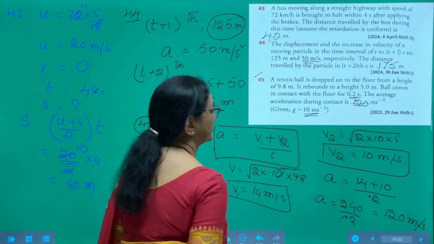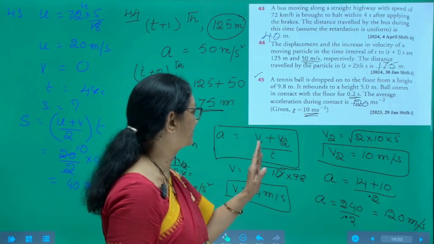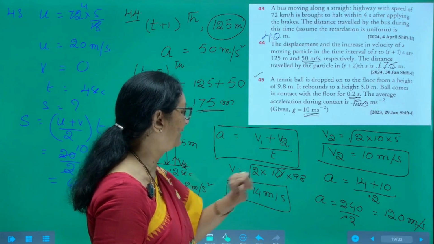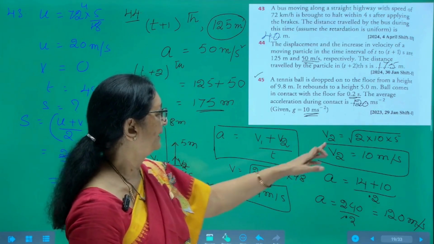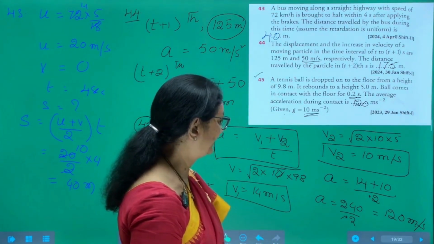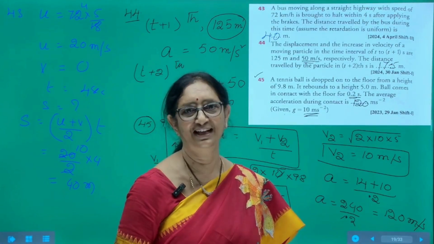That is the answer. So, acceleration is v1 plus v2 by t, v1 is square root of 2g times 9.8, that is 14, and v2 is 10, 24 by 0.2, it is 120 meter per second square. That is the answer, right?